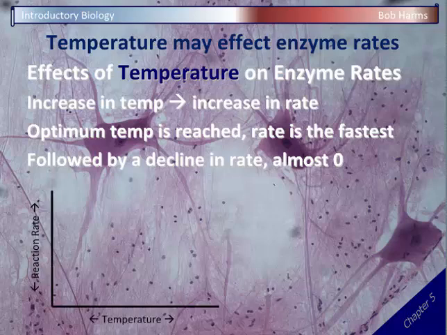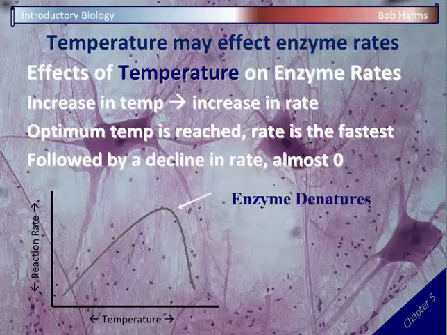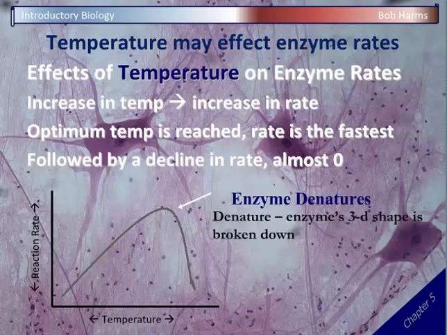If we take a look at that graphically, here's temperature on the x-axis and reaction rate on the y. Again, at that optimum, we're going to have the fastest reaction rate. But if we go above that, the enzyme is going to denature. Denaturing of an enzyme means we're going to change the enzyme's three-dimensional shape. Eventually, we're going to add so much energy into it if we keep increasing the temperature, basically we're going to cook the enzyme. We're going to break it.